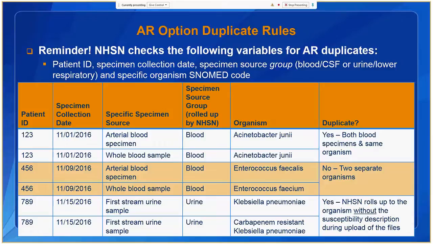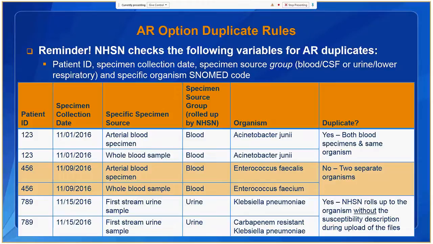In order to highlight some of the nuances, I've provided a few examples on this slide. Just taking the first two rows for patient ID 123, that patient had 2 specimens collected on the same day. One was technically an arterial blood specimen, and the other was classified as a whole blood specimen. So those are 2 separate SNOMED codes.